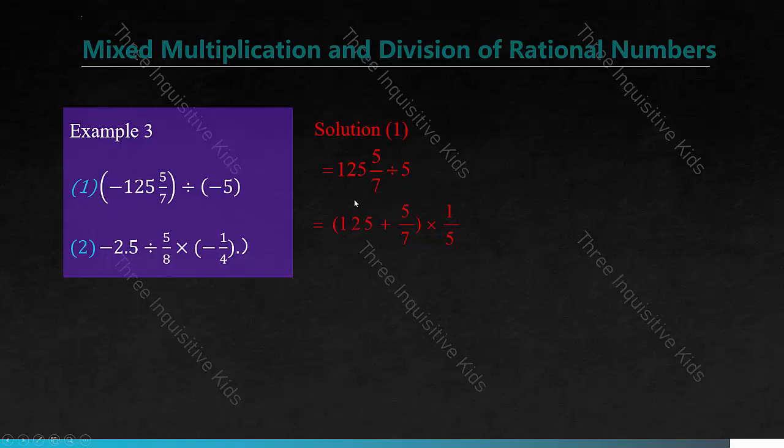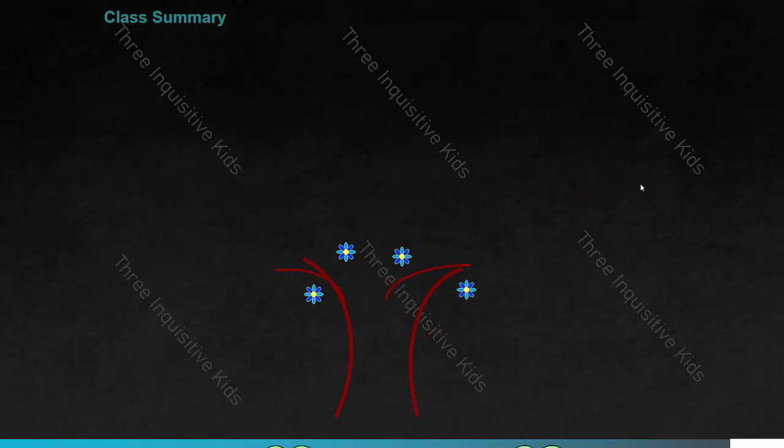This mixed number is the same thing as 125 plus 5 over 7. And we turn this divided by 5 into a times 1 over 5. So we can apply the distributive property of multiplication. So we're left with 25 and 1/7. For solution 2, we turn this all into multiplication and fraction form. So now we multiply to get 1.